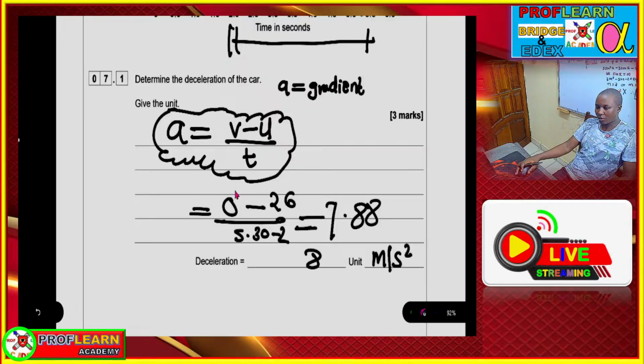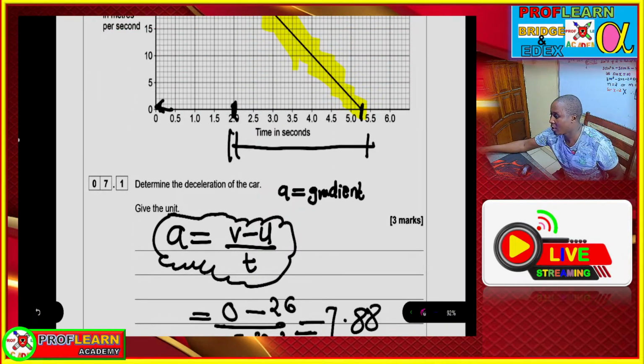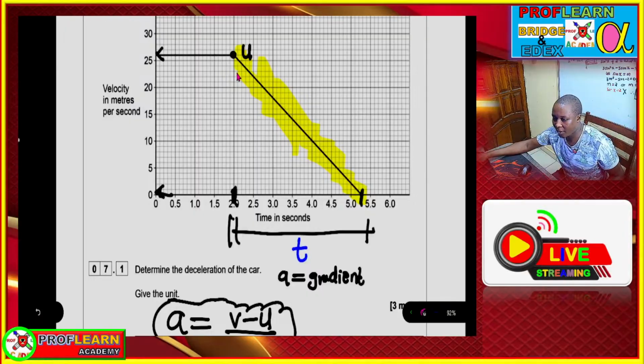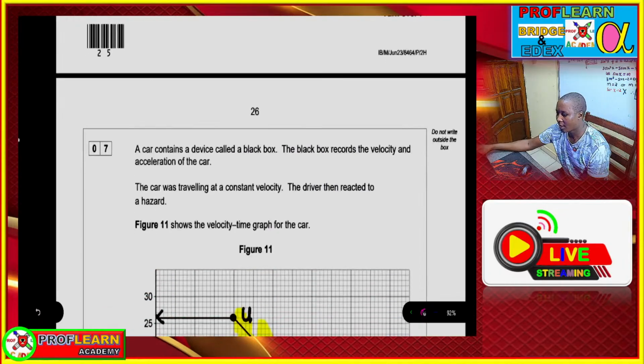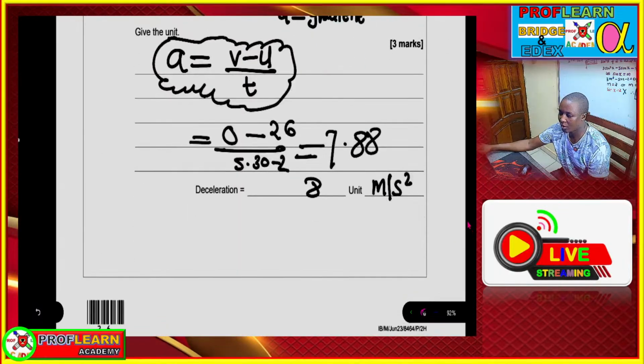So that is how you're going to do it. You have to ensure you are using the time from this point here to this particular point. So our time is going to be 5.3 minus 2, and then we work it out.